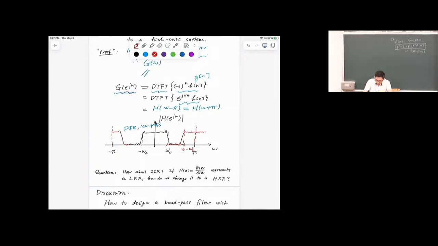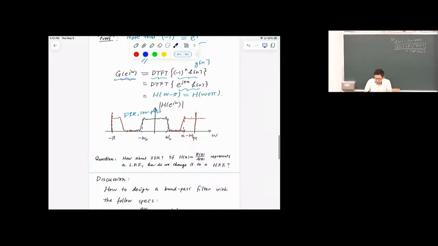It always reappears at the other side of the frequency axis. Any DTFT repeats itself every 2 pi. While you're still drawing, make sure that this part becomes this part after the transformation, and this part becomes this part.